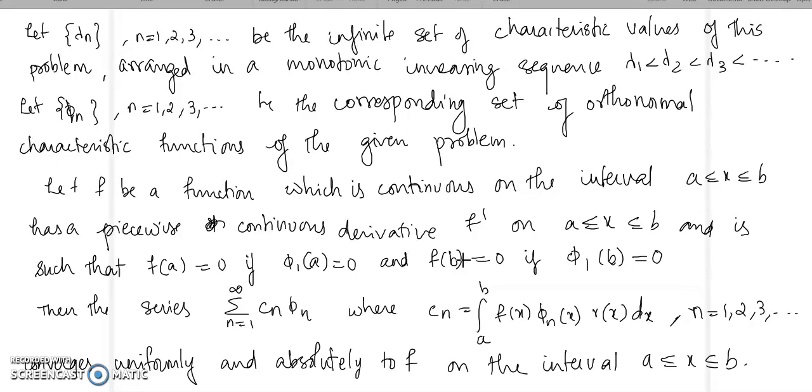Then the series summation n equal to 1 to infinity Cn phi n, where Cn is given by integral a to b f of x phi n of x r of x dx, where n is equal to 1, 2, 3, etc., converges uniformly and absolutely to f on the interval a less than or equal to x less than or equal to b.